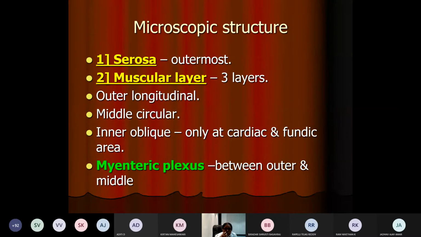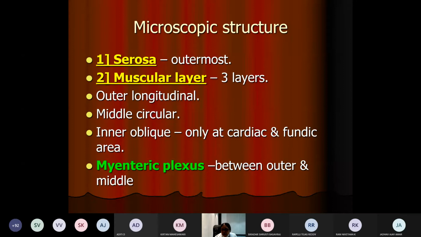What is its microscopic appearance or structure? So, outermost is the serosa layer. Second, muscular layer.